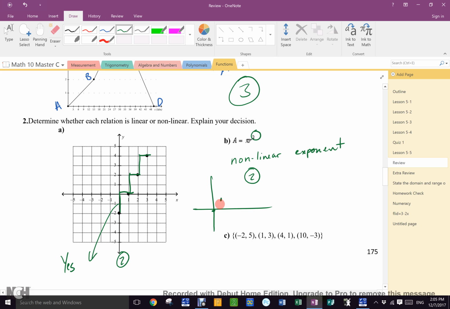So if this was a line, the next one would be over 1, up 1 again, wouldn't it? But it's not. When I go over 2, it's squared, so I'm really going up 4. When I go over 3, I'm really going up 9, and it's making a curve. Cool?